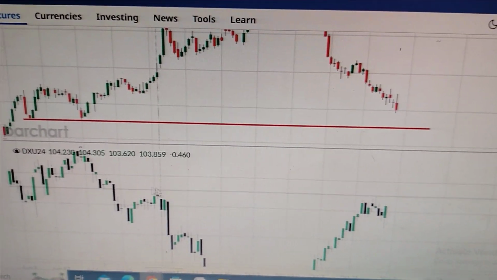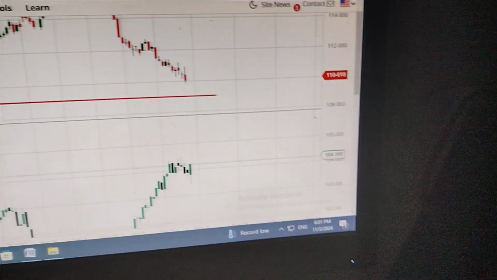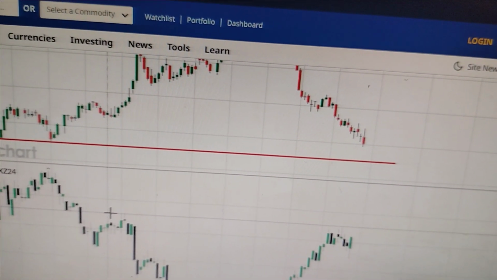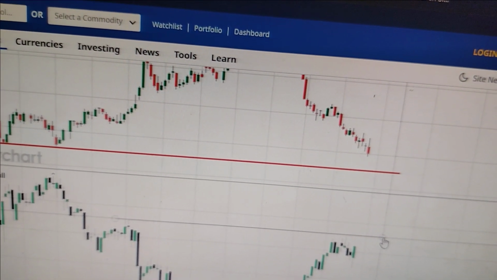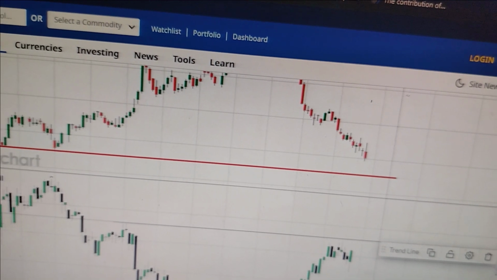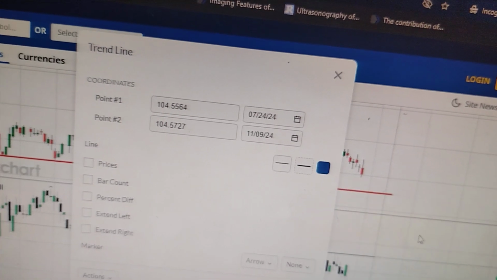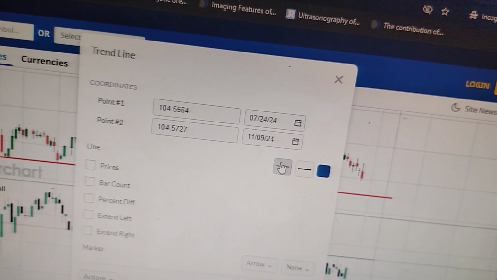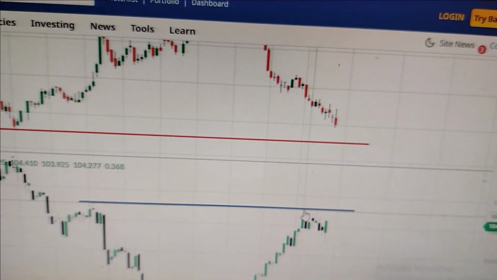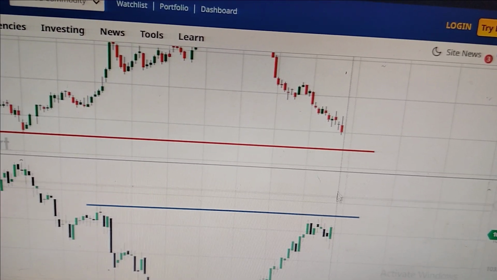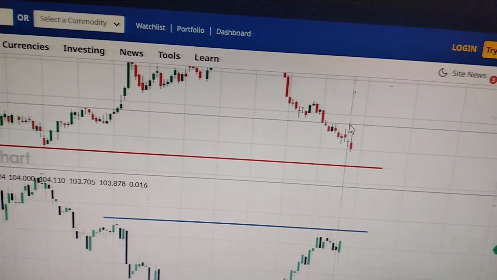You can see we have relative equal highs, which is a draw on liquidity. So I'm expecting price to move upward really aggressively, because we have an SMT here.